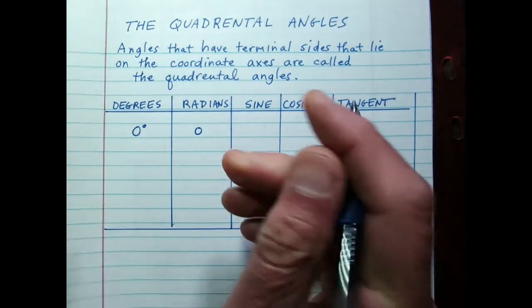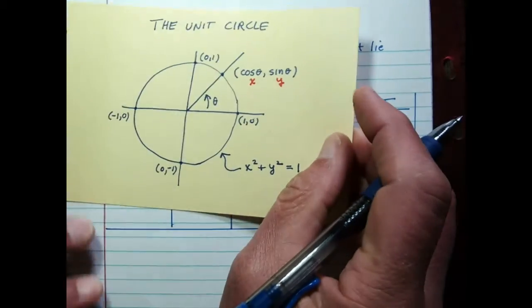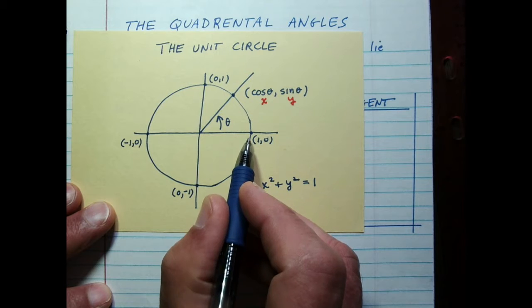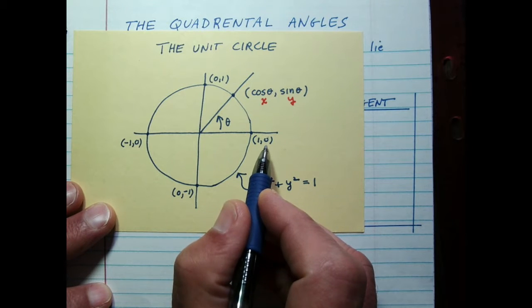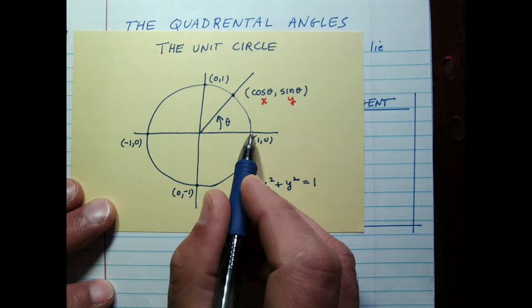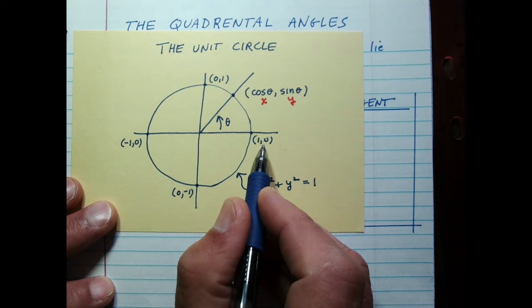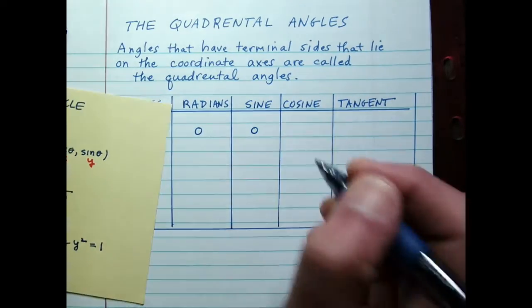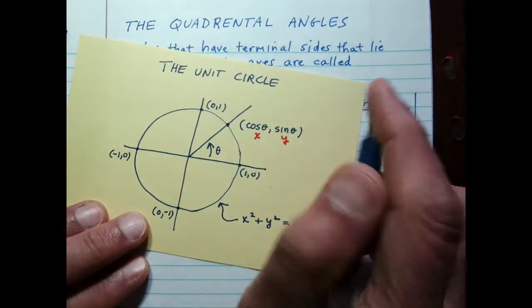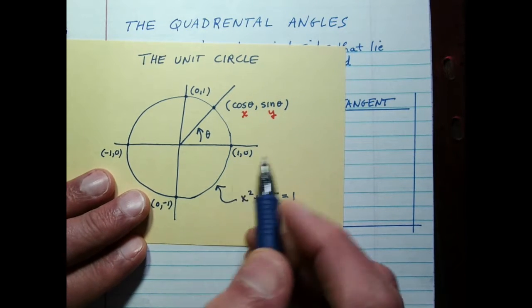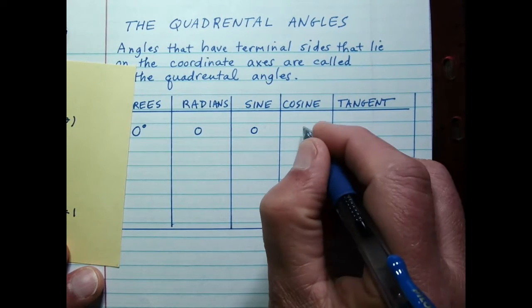We can define the sine and cosine of 0 degrees. Now the sine of 0 degrees will be the y-coordinate of the point of intersection of the terminal side with the unit circle. That y-coordinate is 0. And the cosine of 0 degrees will be the x-coordinate of this terminal side, so that's 1.